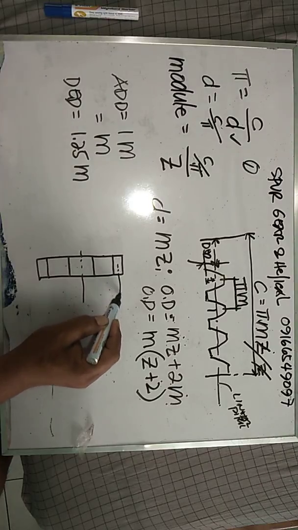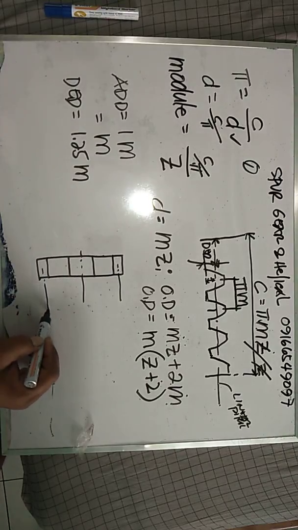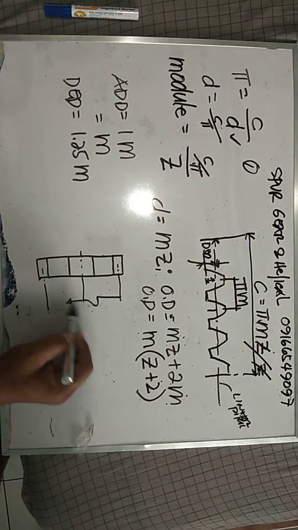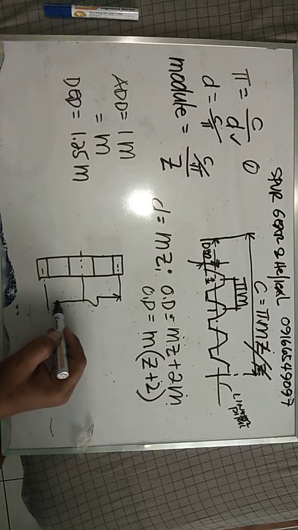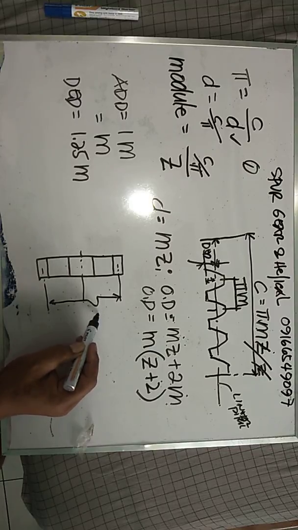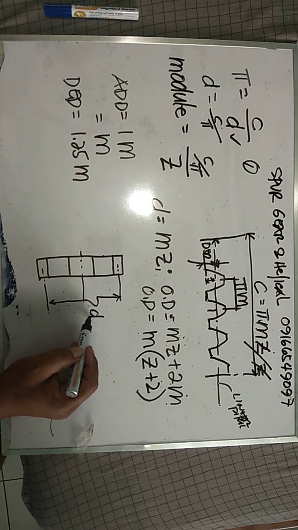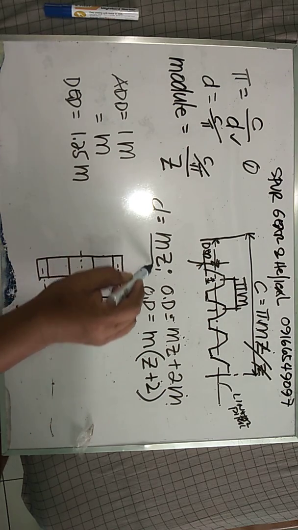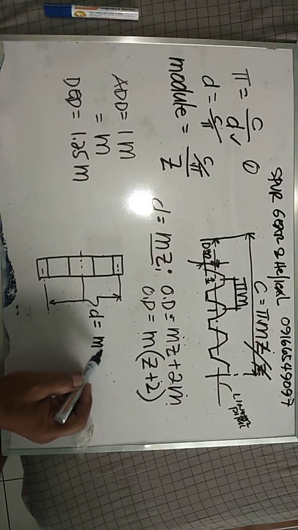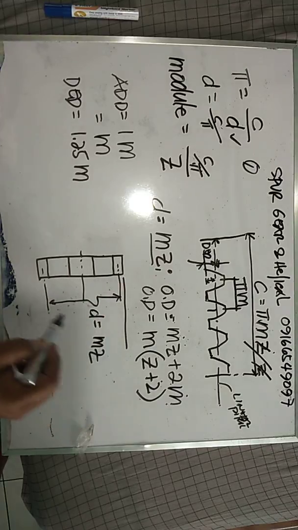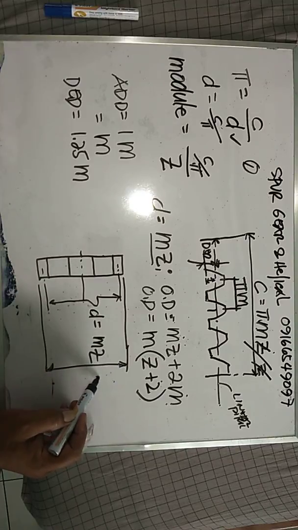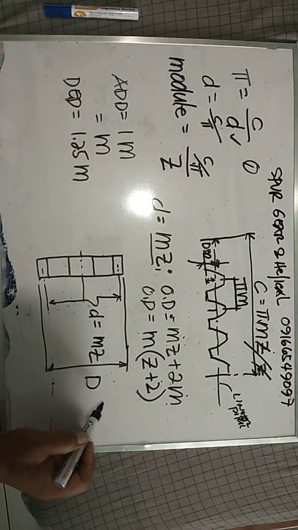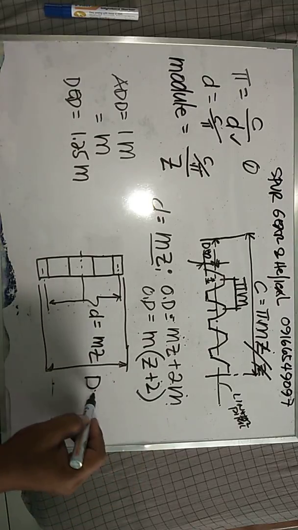This is the pitch circle diameter, which is this one. Its outside diameter we call big D.